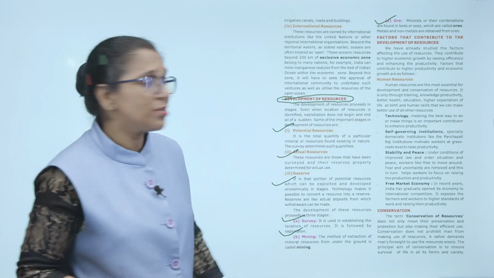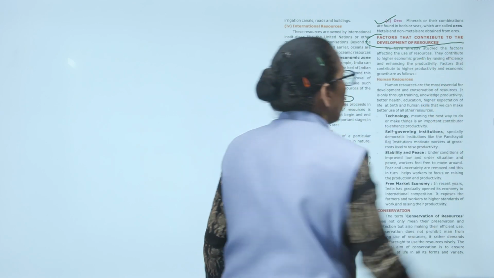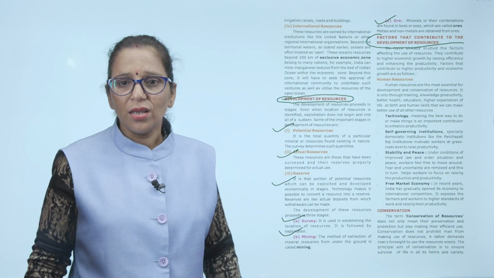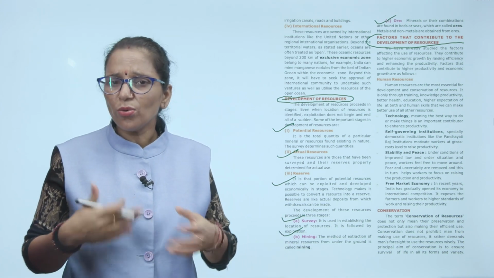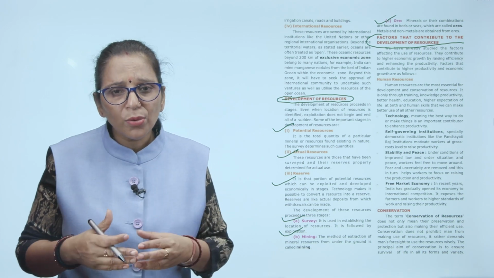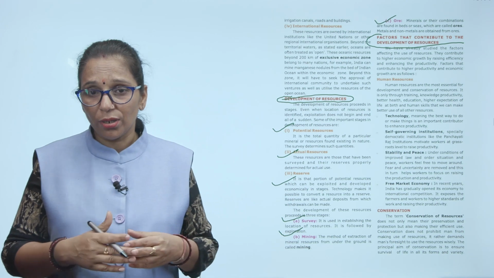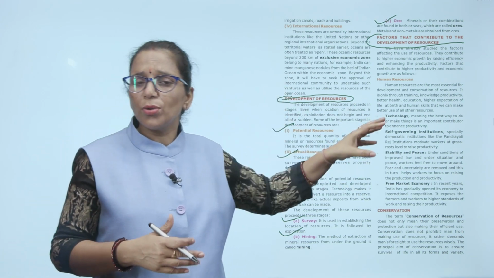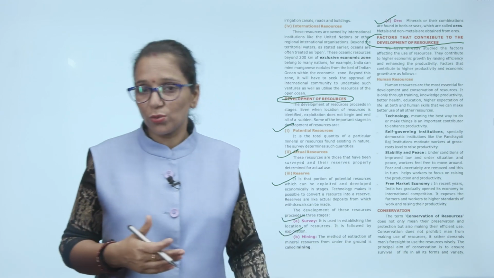Now we are going to discuss the factors that contribute to the development of resources. See beta, the human, they are going to affect the use of resources. So resources contribute to higher economic growth by raising efficiency, enhancing the productivity. So there are some factors which contribute to the development of resources. Number 1 factor is the human resource.